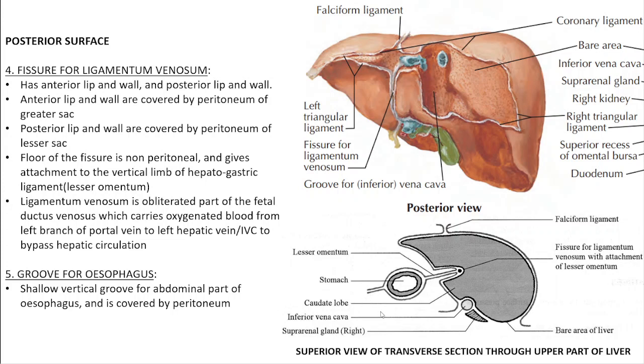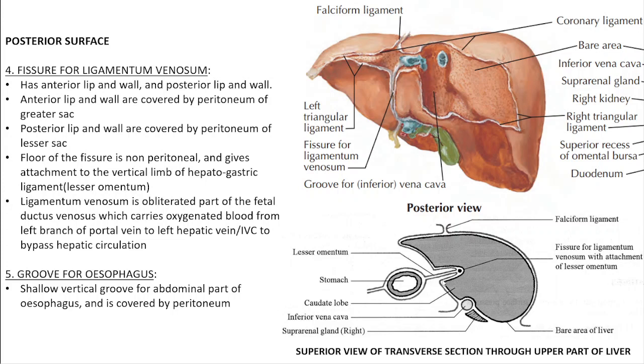The third and fourth are going to reach the anterior aspect of the transverse mesocolon and then the posterior abdominal wall. The second layer of the greater omentum covers the posterior aspect of the stomach, forms the posterior layer of the lesser omentum, then lines the posterior wall and posterior lip of the fissure for ligamentum venosum, and then covers the posterior surface of the caudate lobe.